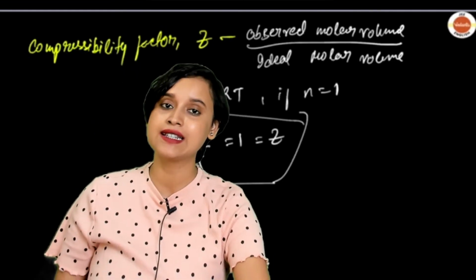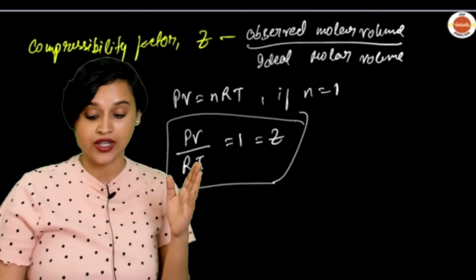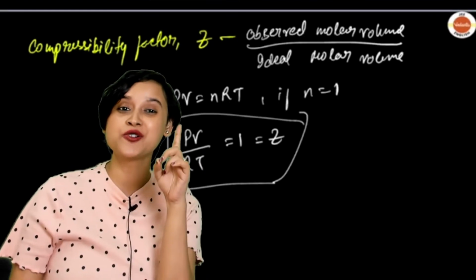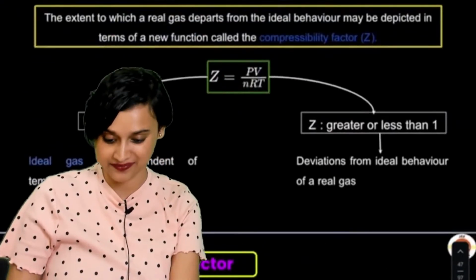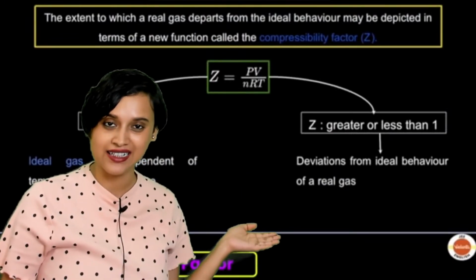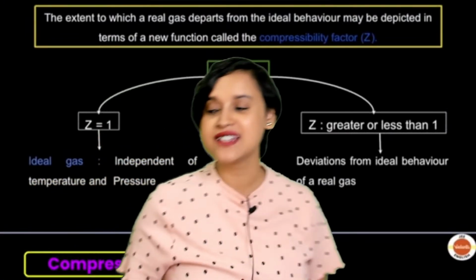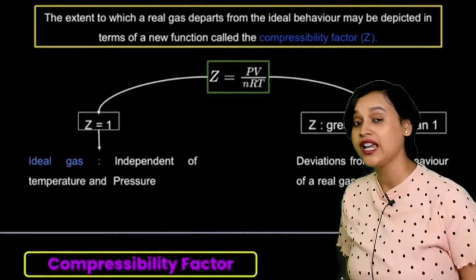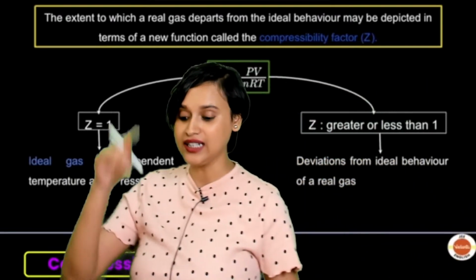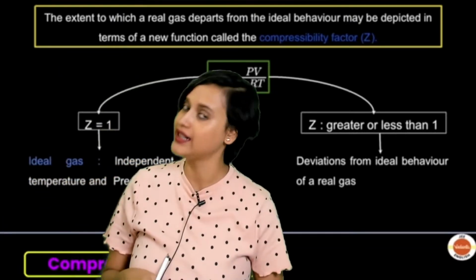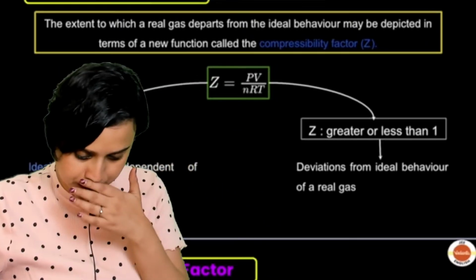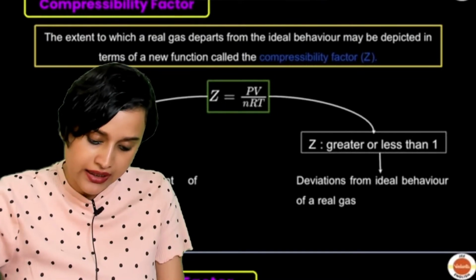Now you have to understand that if the value of Z is equal to 1, that means that it is an ideal gas. But if the value of Z is greater than 1 or less than 1, then it is a real gas.